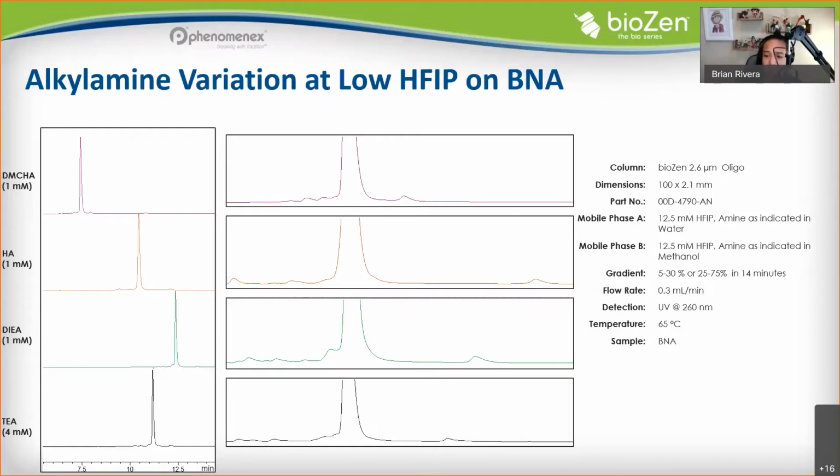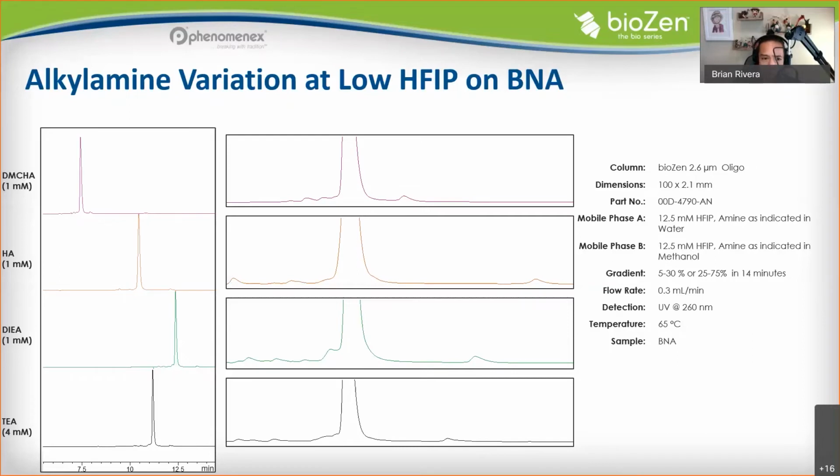Otherwise, another thing that you can do is look at things like dimethylcyclohexylamine, DMCHA, and hexylamine, the one that we tend to use pretty commonly, using even smaller concentrations. Those at 1 millimolar, you actually get reasonably good results.